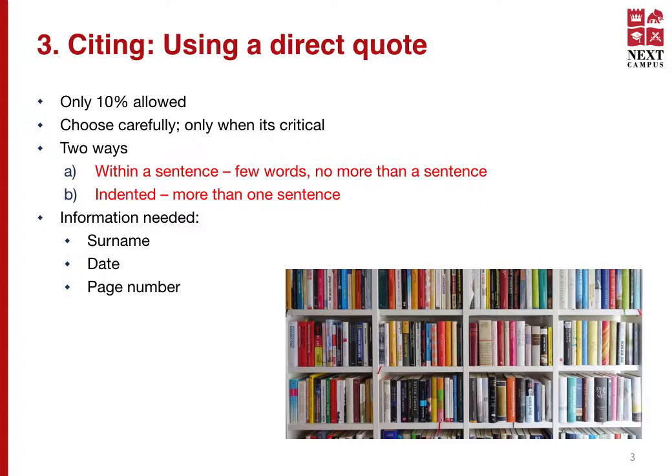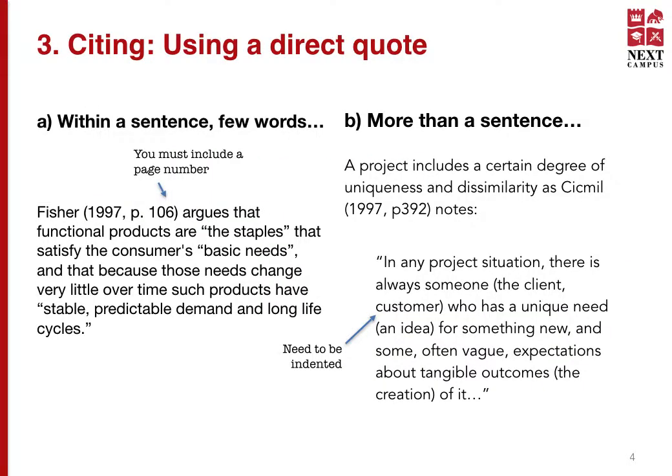But if you're using more than one sentence, you need to indent it. And we'll see some examples in the next slide. But when you rewrite or when you normally reference, you need only the author's surname and the date. But when you direct quote, you need the page number as well. Let's look at some examples.